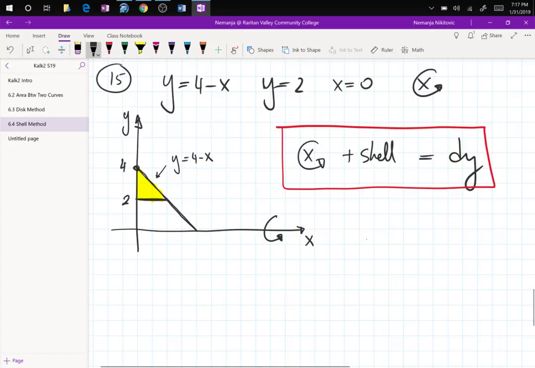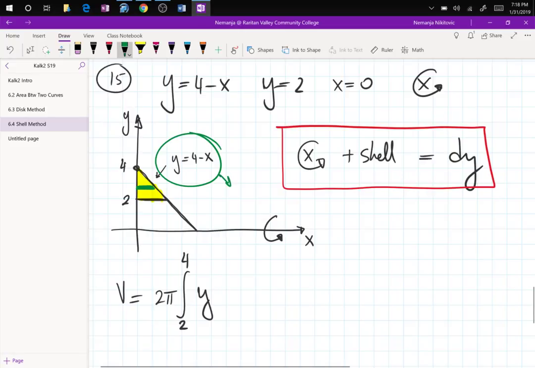I'm going to set up this integral. So volume is equal to 2 pi integral, y limits are 2 to 4. Now I have my position, p of y, which is just y. And for my dy, I have to do right minus left, but left is 0. So technically all I have to do is this. But hold on, that's in terms of x. I need it in terms of y.